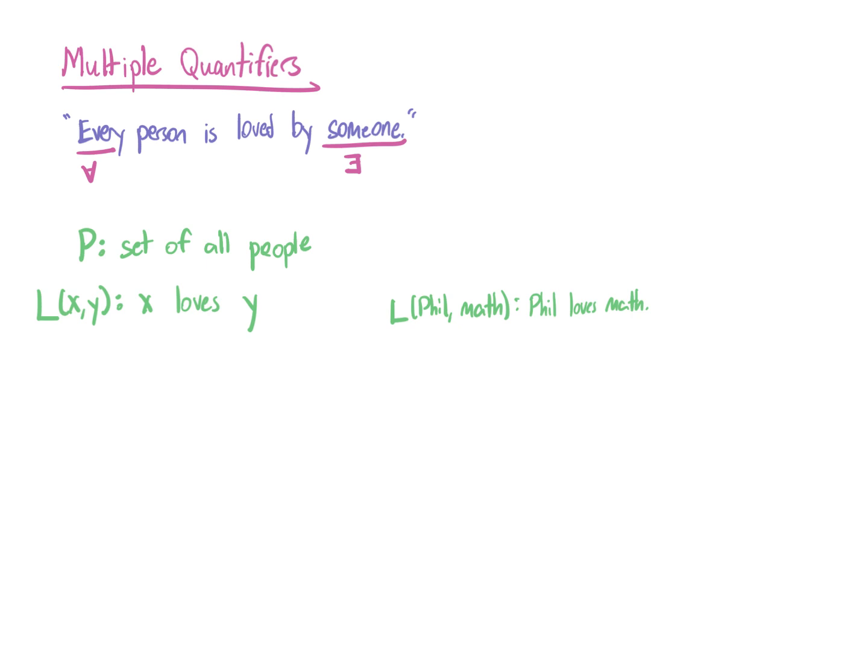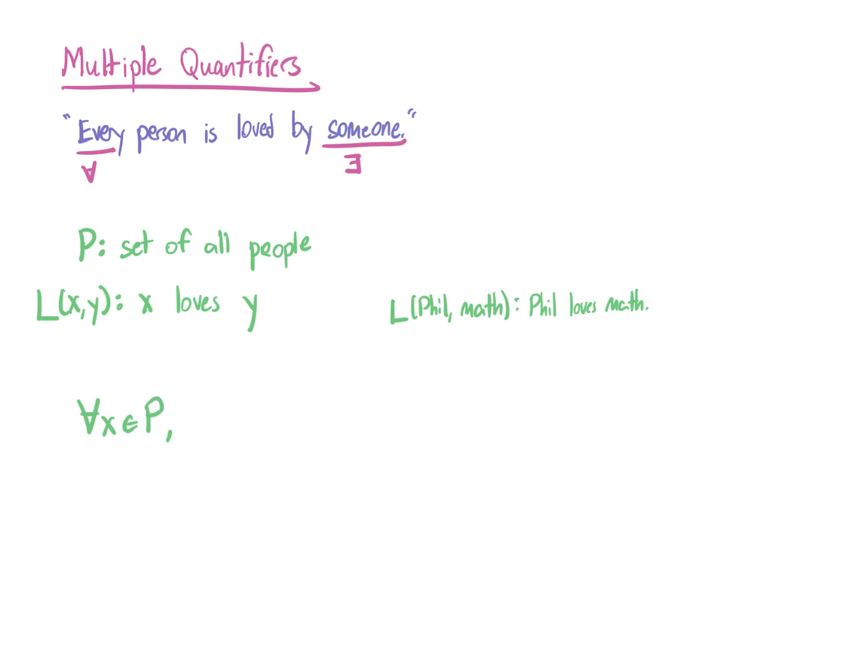Let's start by translating the phrase every person. We have done this before. This is for all X in the set P of people. That's every person.